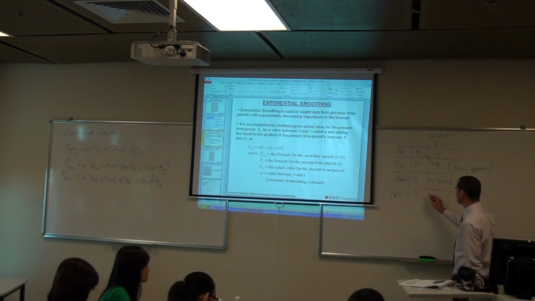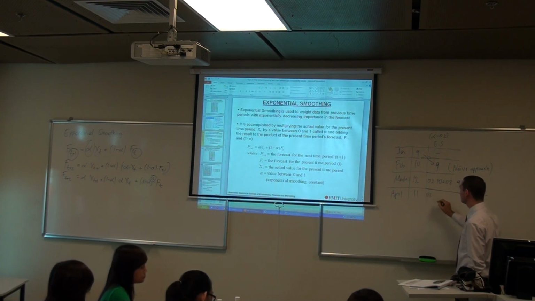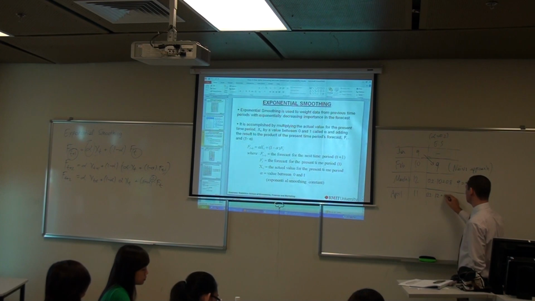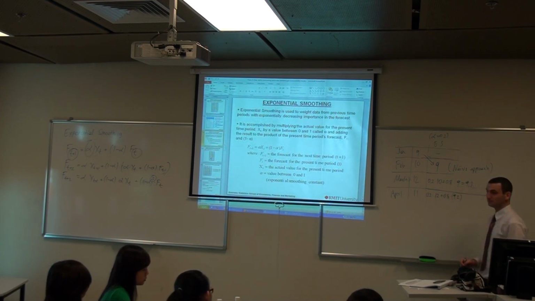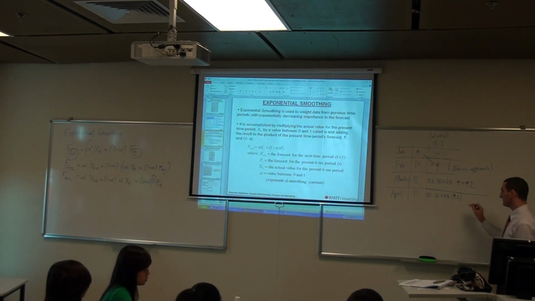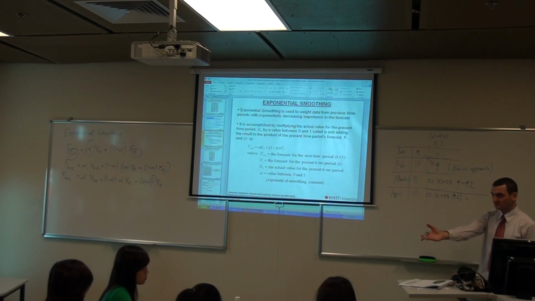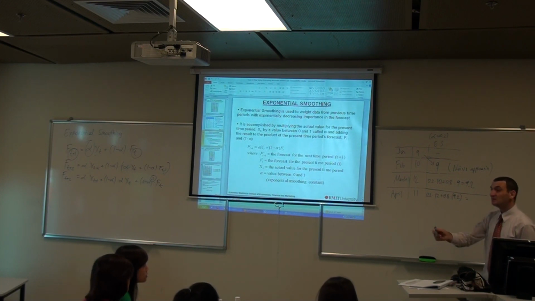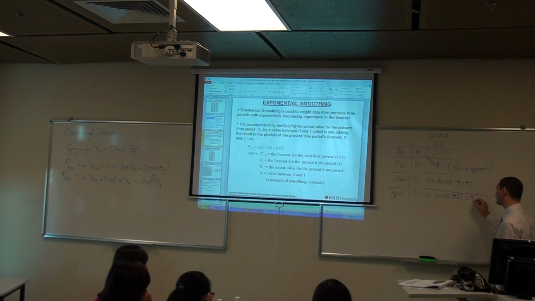Now use this number. What will I have? Tell me the operation. 0.2 times 12 plus 0.8 times 9.2. And the answer is 9.76.